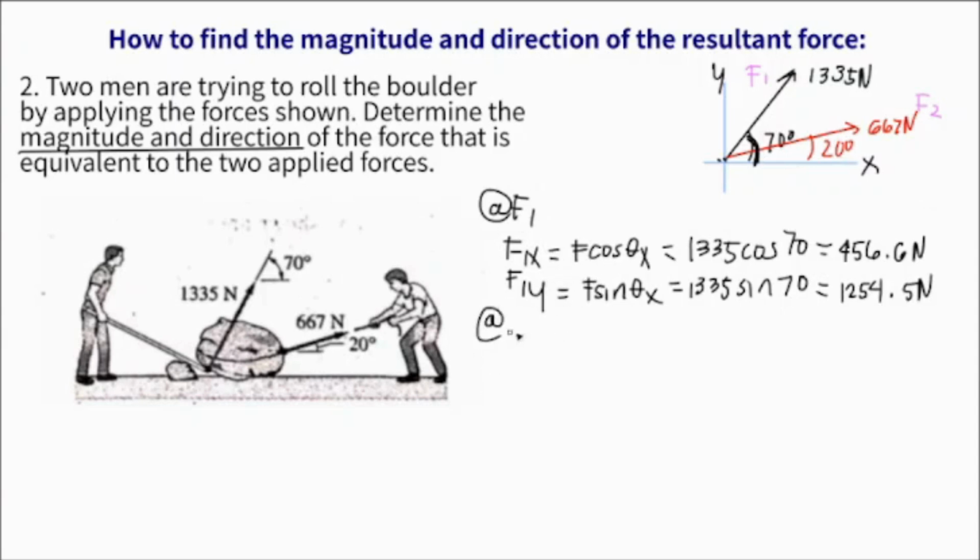Now for F2. F2x and F2y equal F cosine theta and F sine theta, since the 20 degrees angle is also with respect to the x-axis. So we use the same formula.